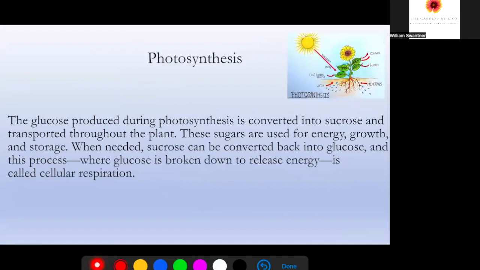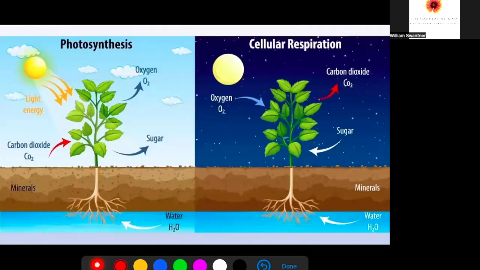These sugars are used for energy, for growth, for storage. When needed, the sucrose can be converted back to glucose, and where the glucose is broken down is called cellular respiration. And so here's a picture. It's interesting because they're sort of opposites. Photosynthesis needs light.